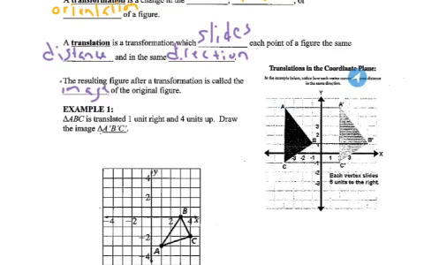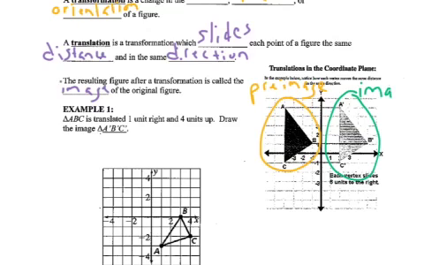So if you look right here, it says a translation in the coordinate plane. In the example below, notice how each vertex moves the same distance in the same direction. Here is my original image. This is called the pre-image. Over here, we have the image.